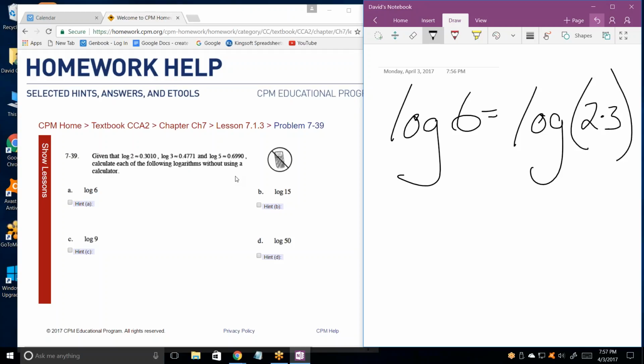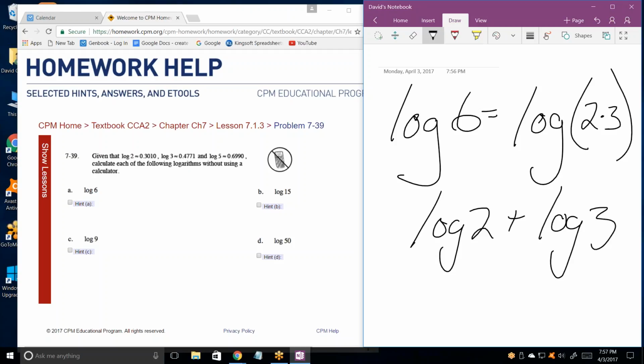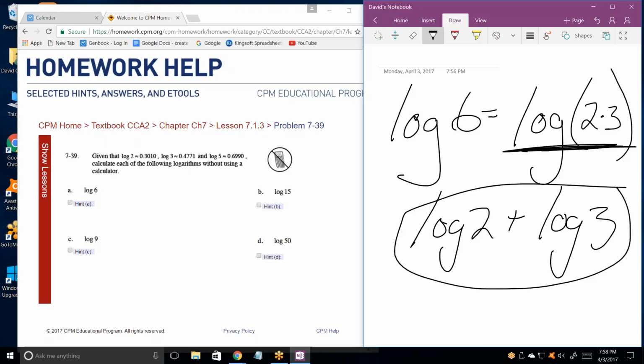The log of 6 is equal to the log of 2 times 3. You see that? Well, the log of 2 times 3 is equal to the log of 2 plus the log of 3 by the rules of logs. In other words, that is the same as that. When I am multiplying inside the argument, it's the same as adding two different log functions. And then they tell us what the log of 2 is.